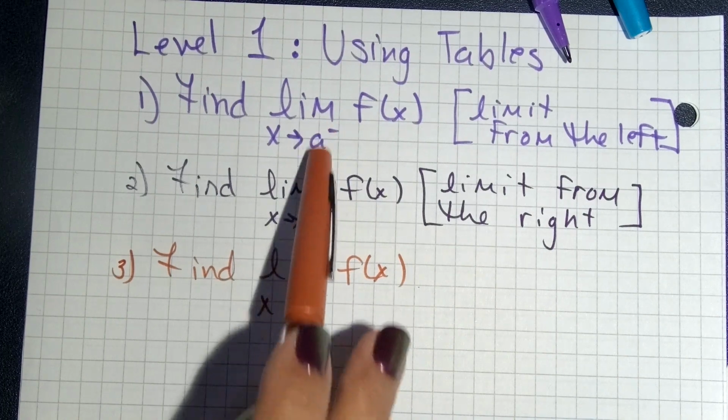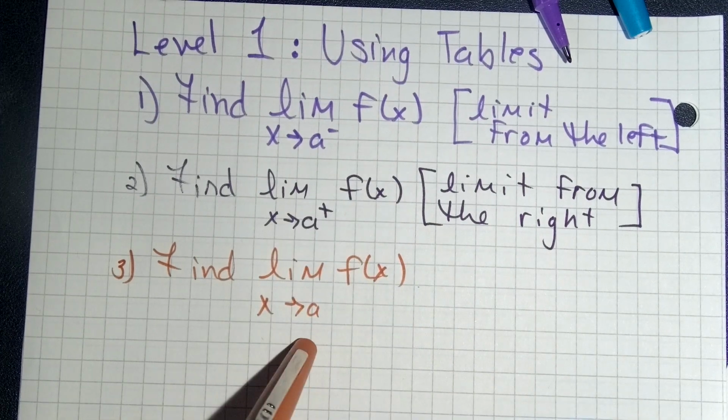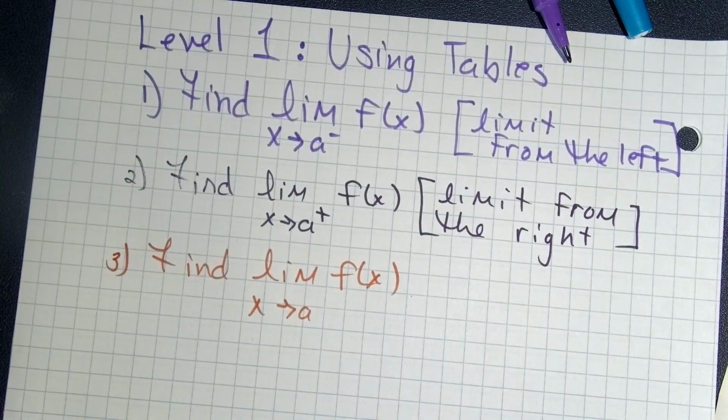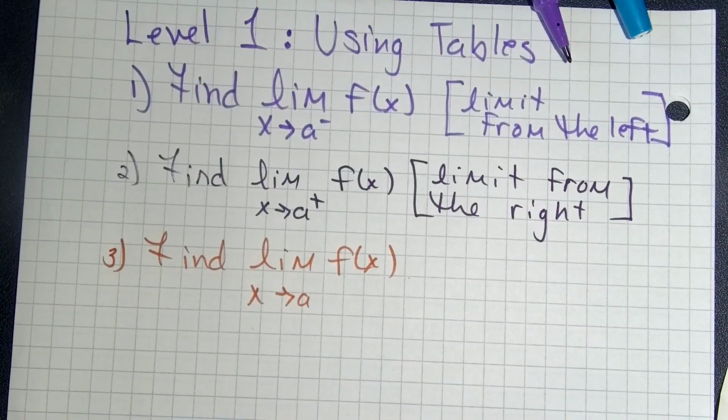Very good. They both have to be the same thing. They both have to be equal in order for this limit to exist. Otherwise, it's what? D and E. When you're done writing that down, take out your example sheet.